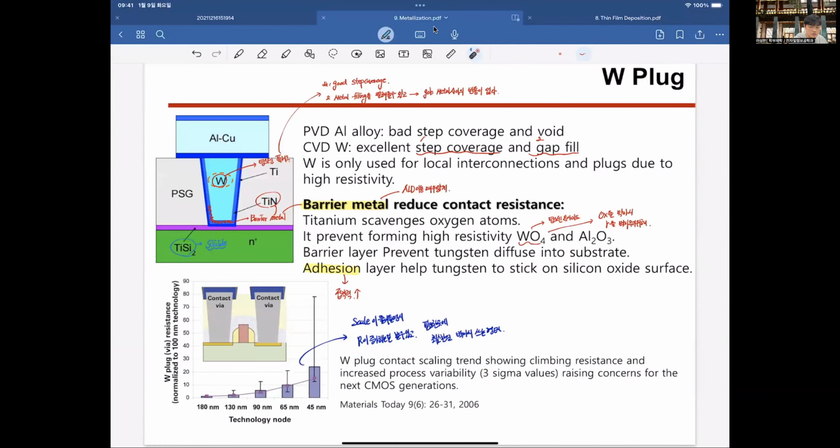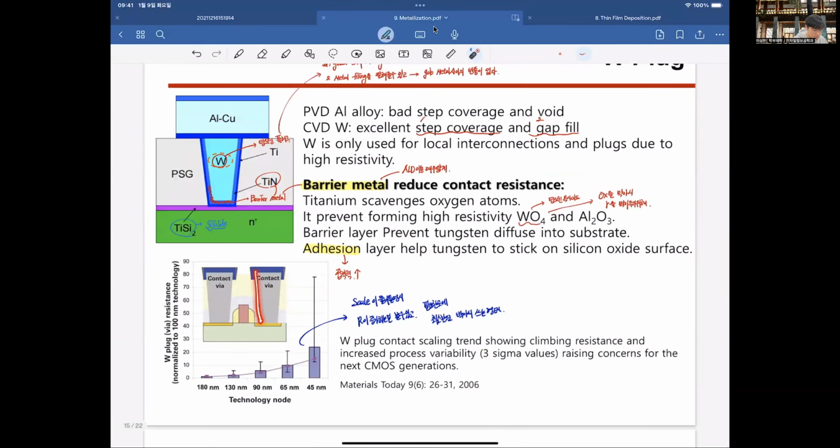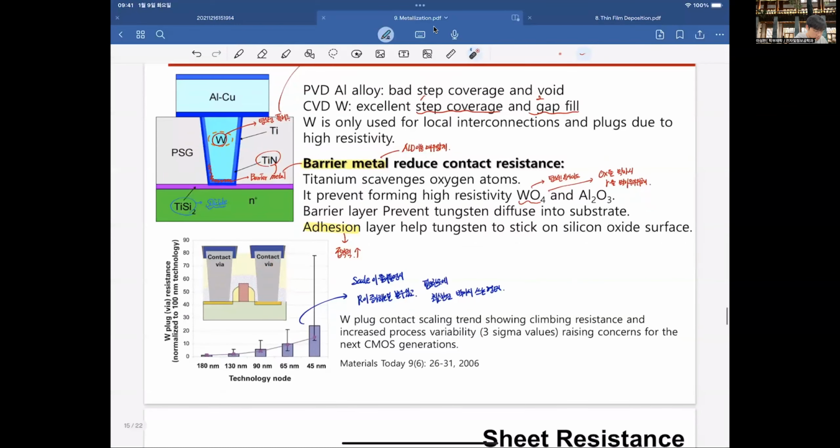And the tungsten plug. When we contact to the source and drain, we use this via. This is the tungsten plug. But there are several things we should care about.